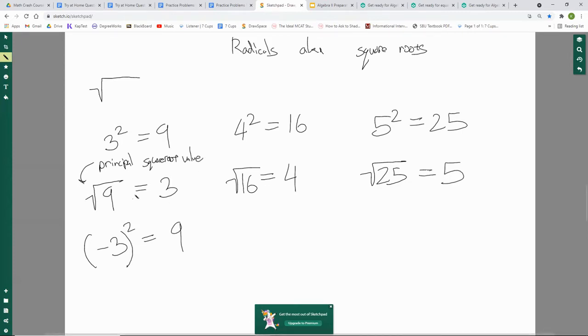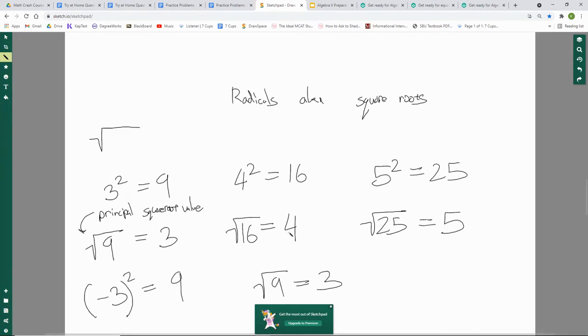Essentially, it's agreed upon that when you see this radical, the value is going to be positive. So we know it's going to be 3. Technically speaking, it can also be -3, but it's understood that when you see this radical, they're asking for the principal value, which is going to be positive.